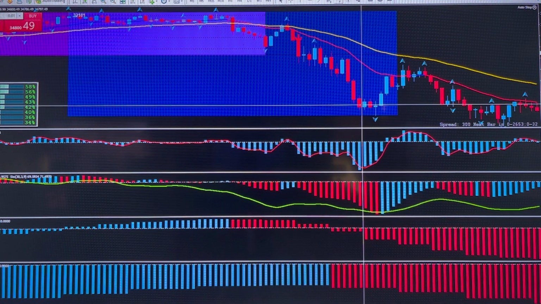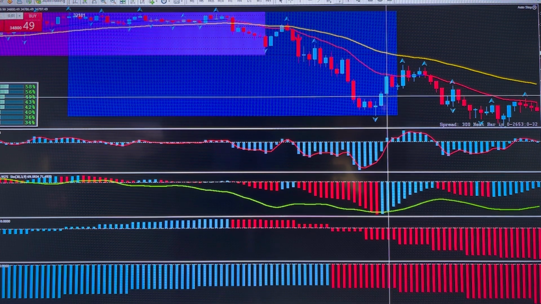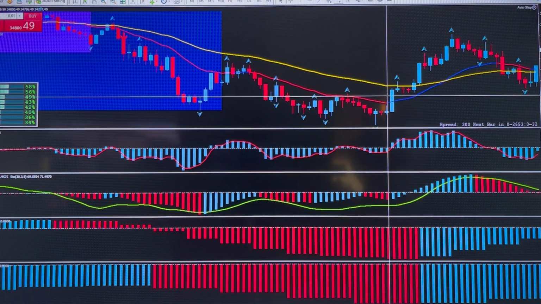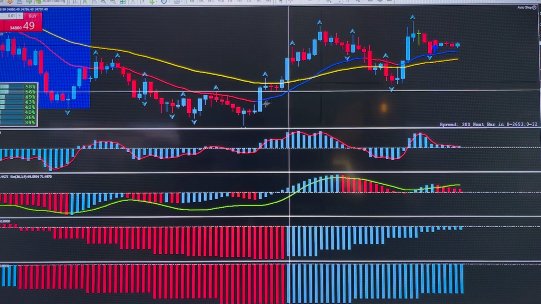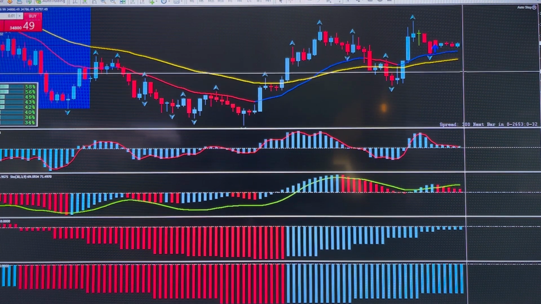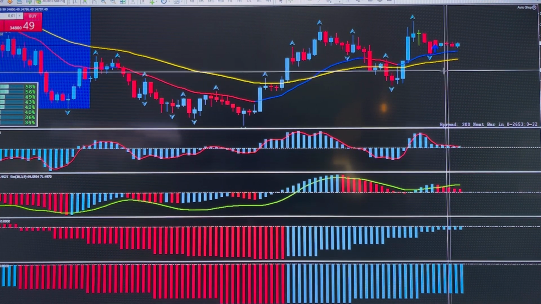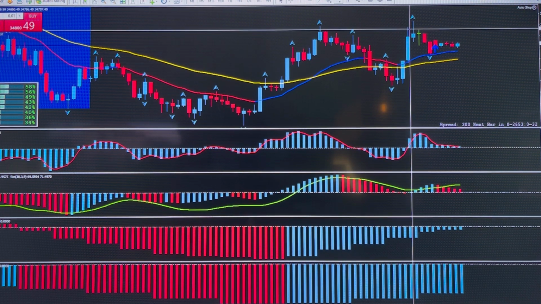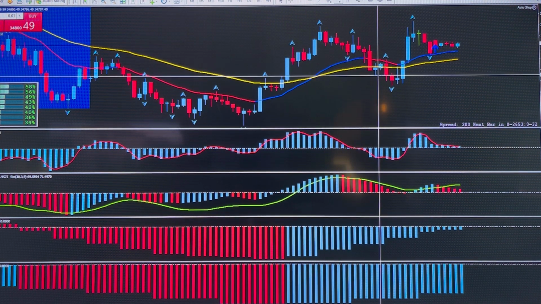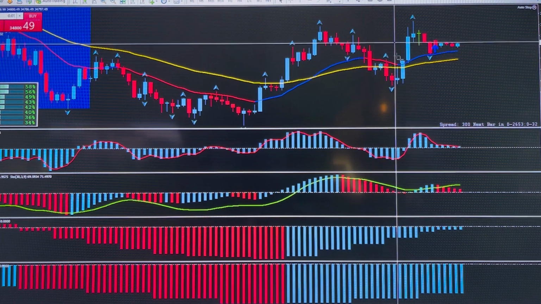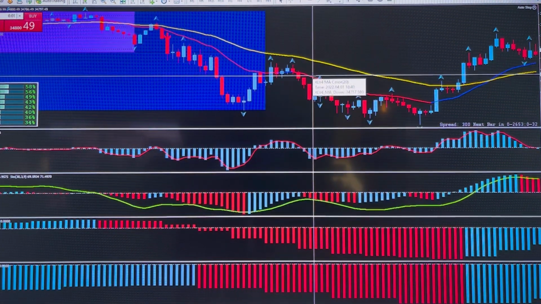By 11:30, it starts to do a pullback. But if you just notice, after we get out of that zone and we're getting towards the 4 o'clock mark, which is like about here, 4:30, it makes either a move to the upside or it's coming back down. So you have to be in front of the computer to catch this move if that's what you're trying to do. But let's go back and see here.